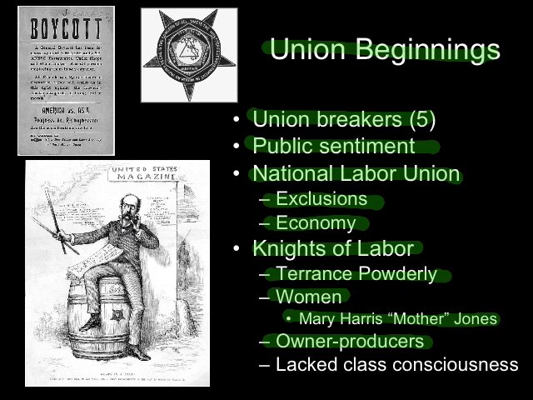And because they are expecting themselves to become not just workers, but owners as well, they lacked a class consciousness. They didn't see there being a wealthy owning class and a poor working class.